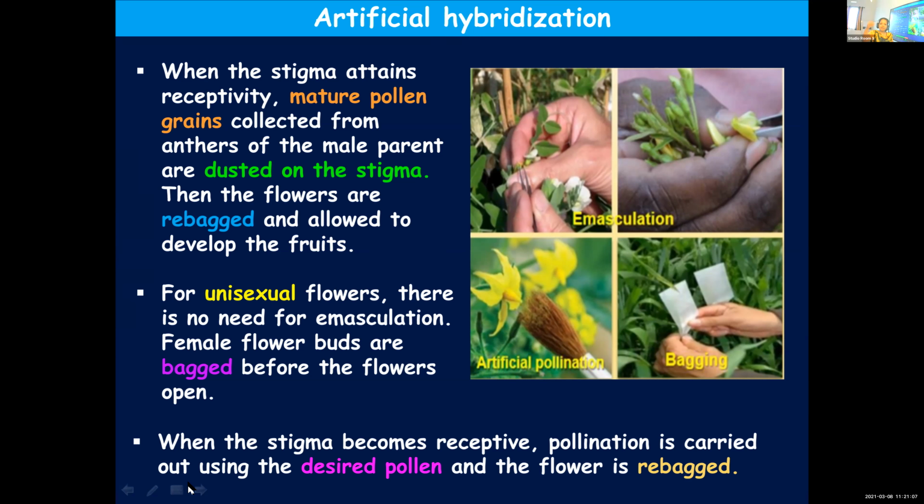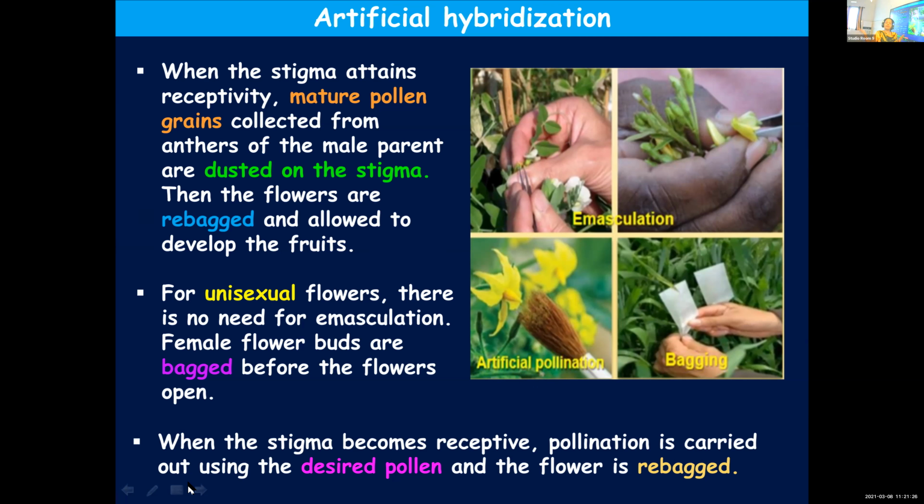Rebagged. See, we have dusted it with pollen grains. And still there can be chances that pollen from other flowers can fall on it. As soon as we have dusted the pollen, it takes some time for the pollen to germinate.